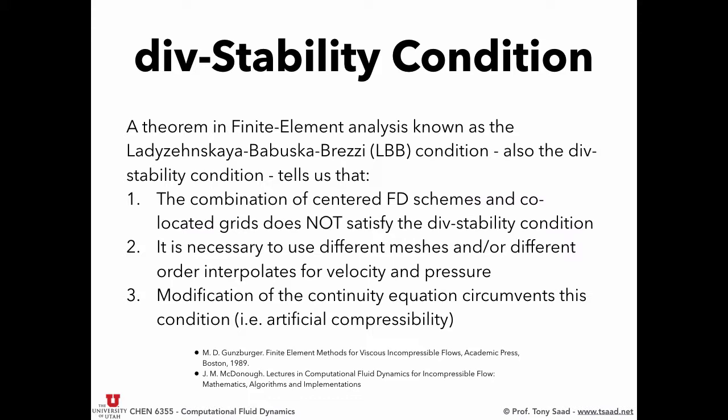And the inf-sup stability condition is a condition necessary for the convergence of numerical schemes of the Navier-Stokes equations. Okay, so if you don't satisfy the inf-sup stability condition, your code doesn't work. It is necessary to use different meshes and or different order interpolants for velocity and pressure.